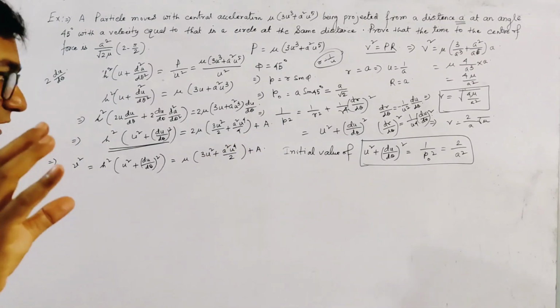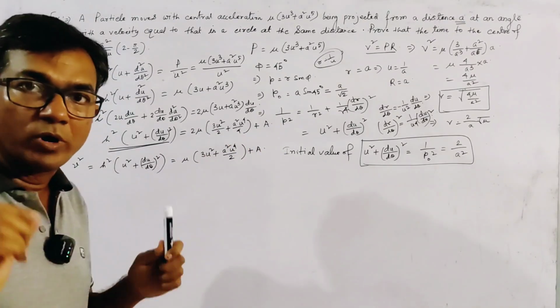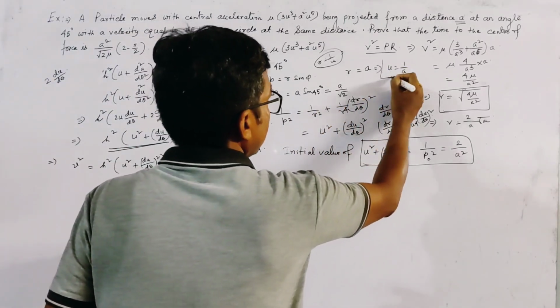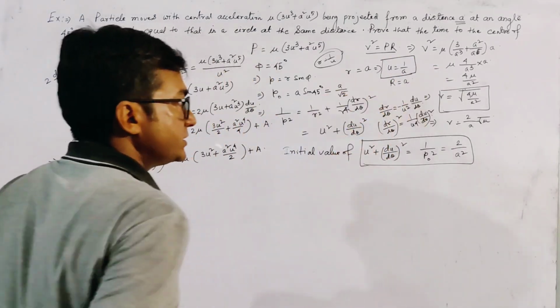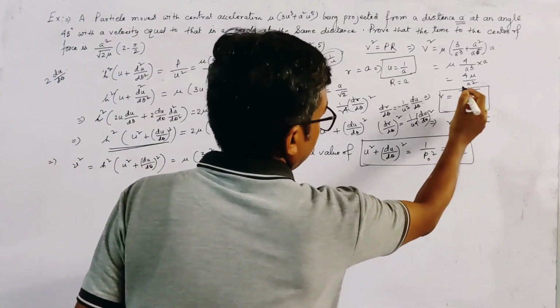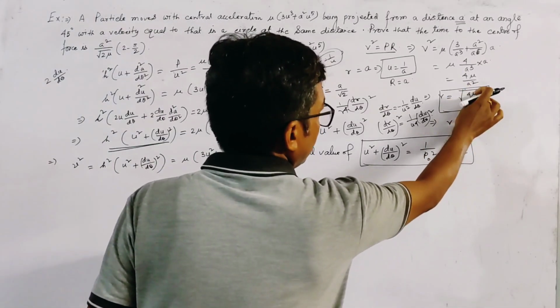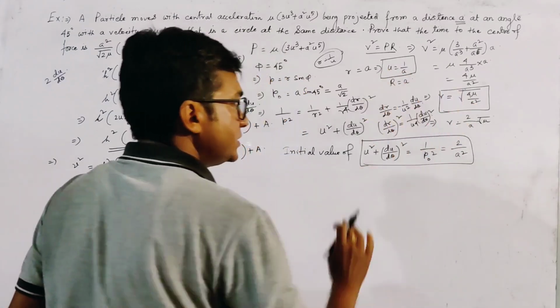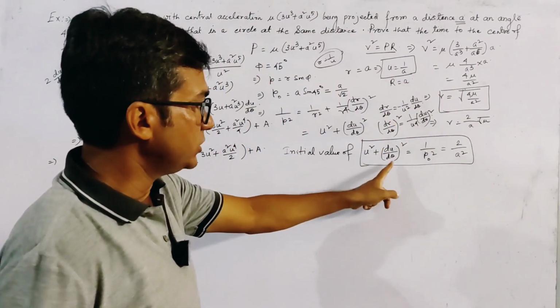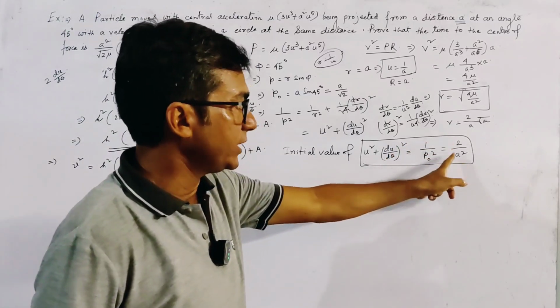We put the initial conditions. We put u equal to 1 by a, we put v equal to root of 4 mu by a square, and initially u square plus (du d theta) whole square is equal to 2 by a square.